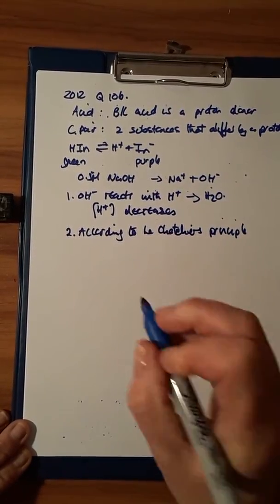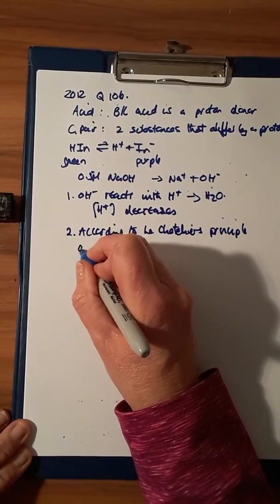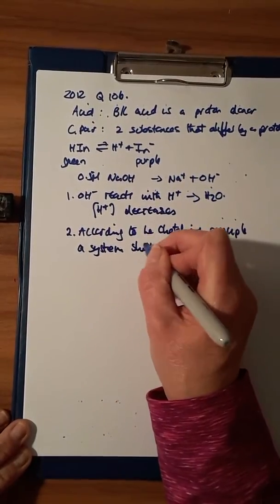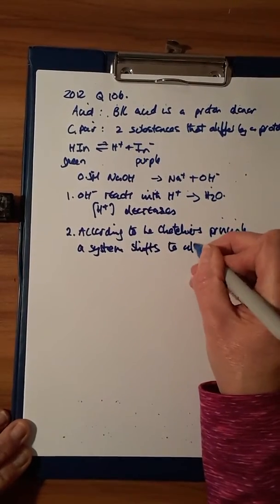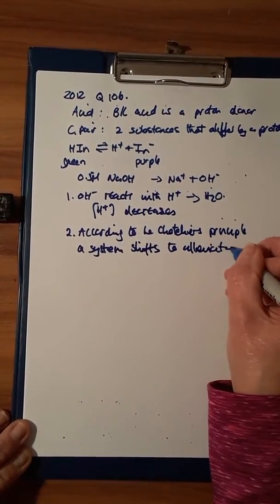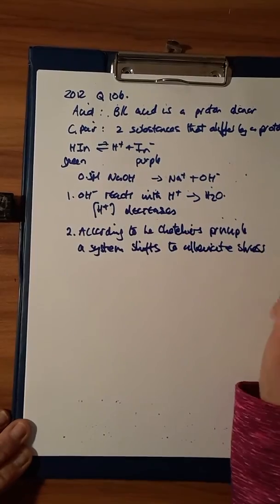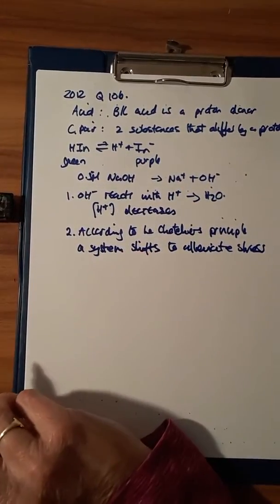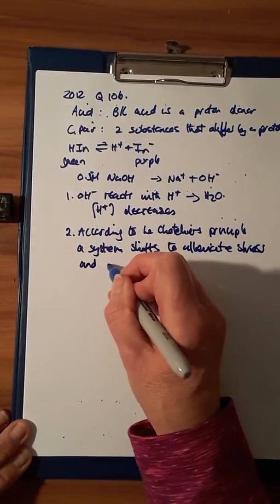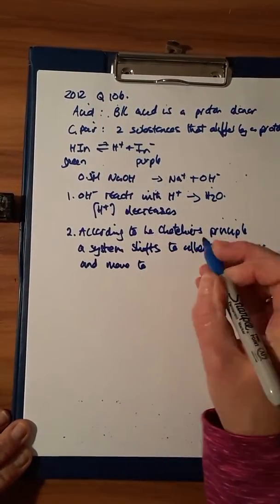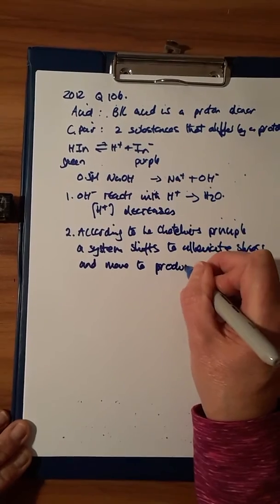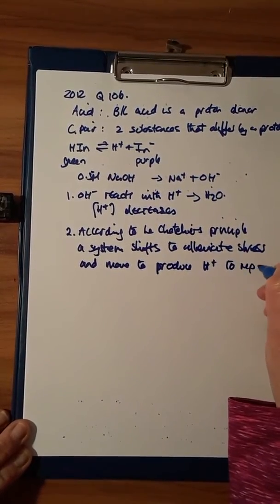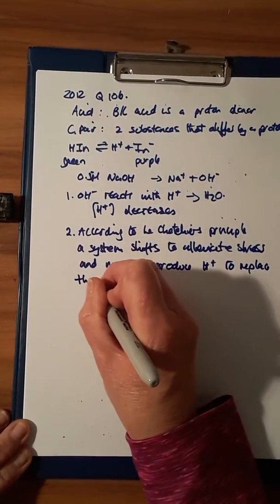So the stress here is that you've removed H pluses. So the system will shift to alleviate the stress and it will move to produce H plus ions to replace those that have been removed.